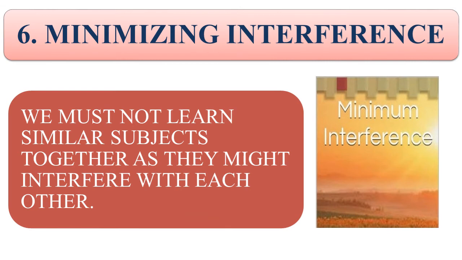Minimizing interference. We have already learned about retroactive and proactive interference. Therefore, we must not learn similar subjects together as they might interfere with each other. Also, rest is necessary for minimizing interference.